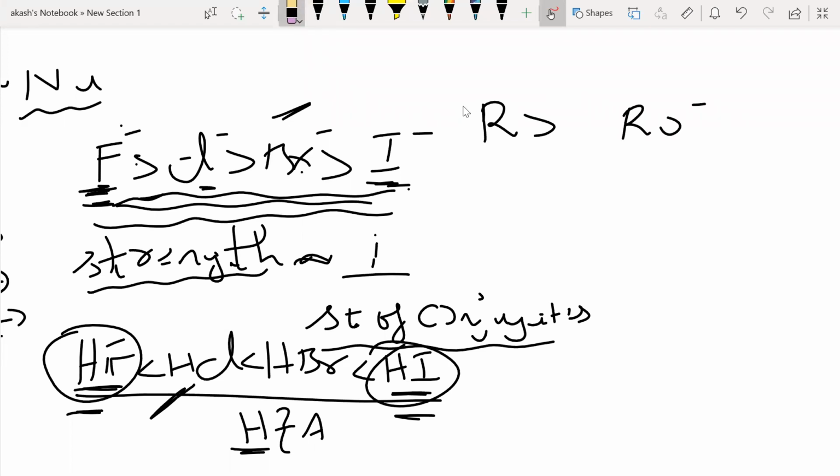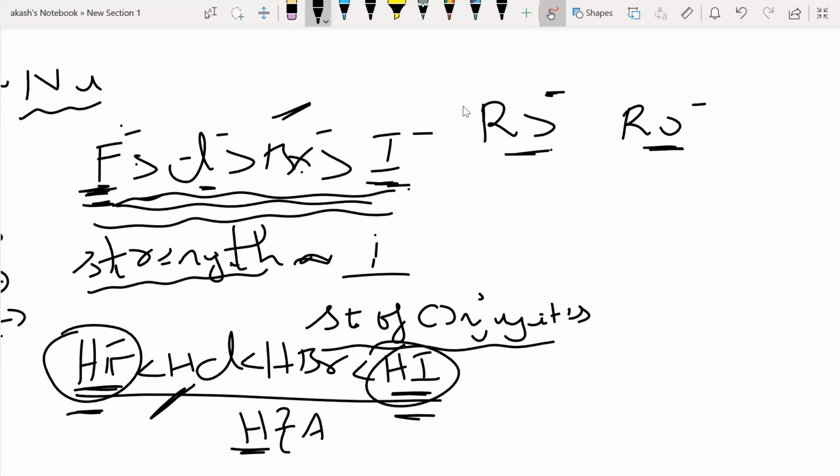Basically RS minus is a thiolate, right? RS minus is also a nucleophile. This is alkoxide, this is sulfide ion. RS minus comes from RSH, thiols. RO minus comes from ROH, alcohols.